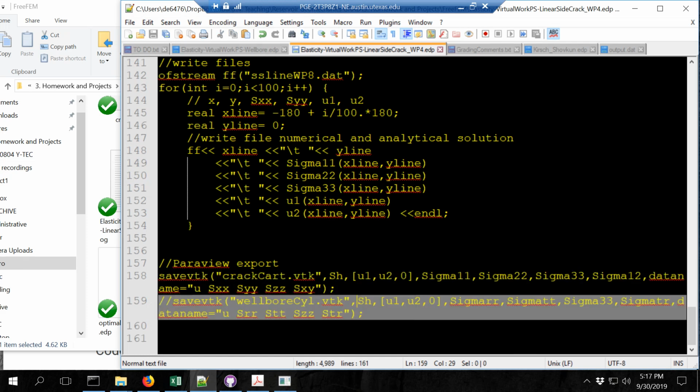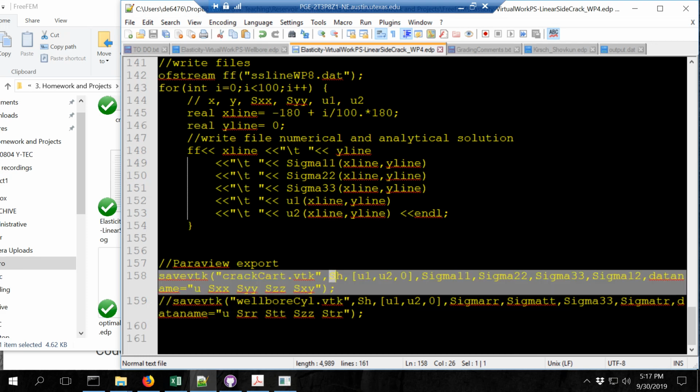For example, here I'm exporting for this domain a vector of displacement and stresses, under those names.